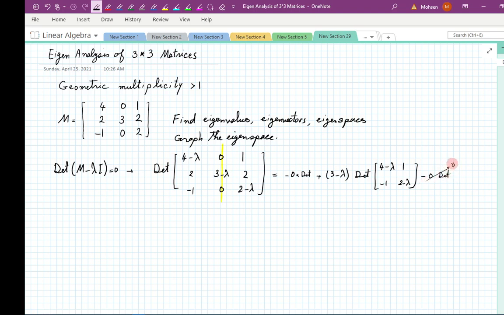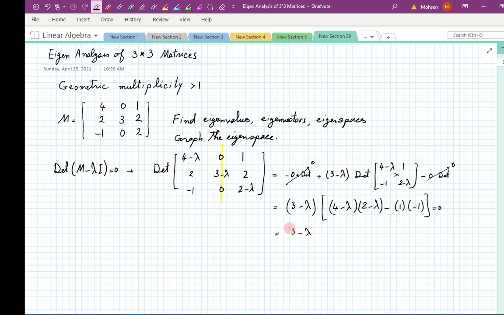So these two do not play any role because they're going to be 0, and what we have is 3 minus lambda times the determinant of this 2 by 2, which is easy: 4 minus lambda times 2 minus lambda, and then minus 1 times minus 1, equal to 0.